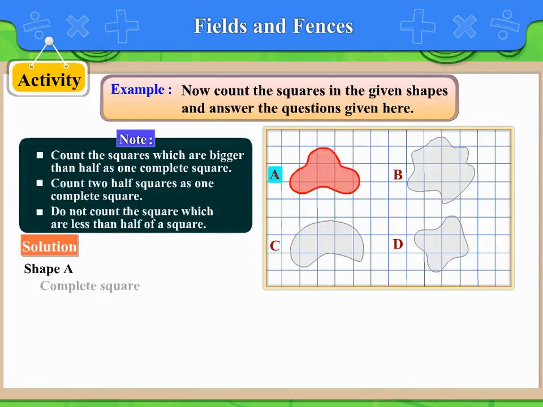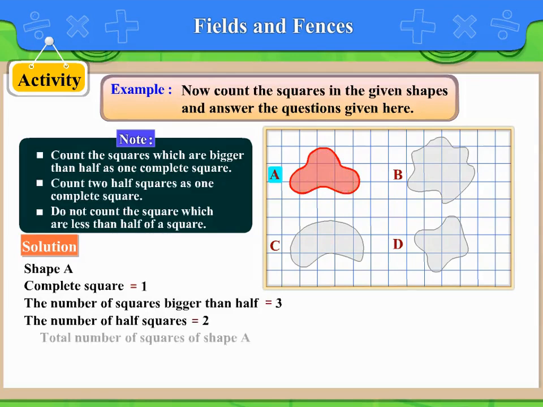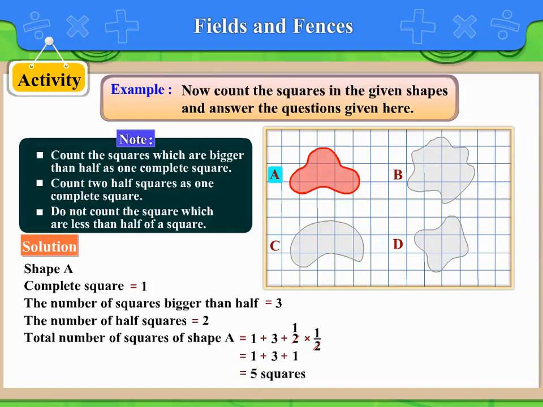In shape A, there is one complete square. The number of squares bigger than half is equal to 3. And there are 2 half squares. So, there are 1 plus 3 plus 2 into 1 upon 2, which is equal to 1 plus 3 plus 1, which is equal to 5 squares.